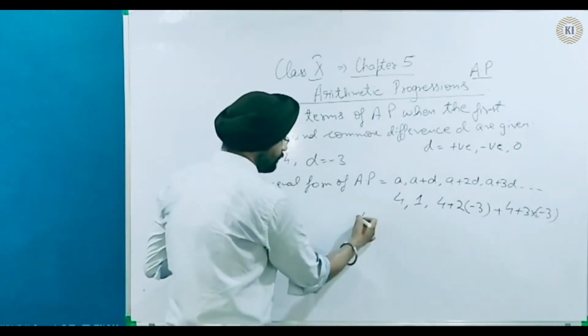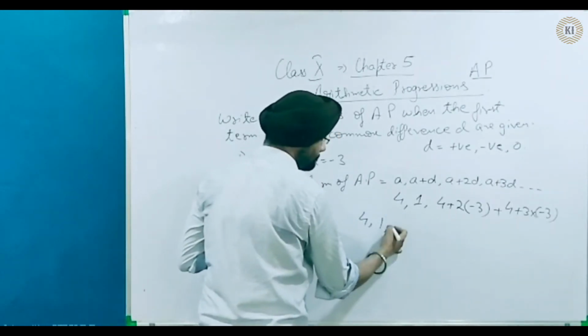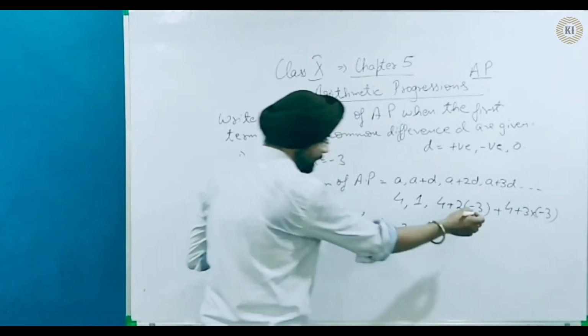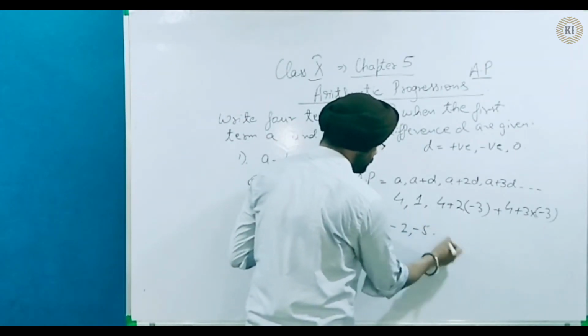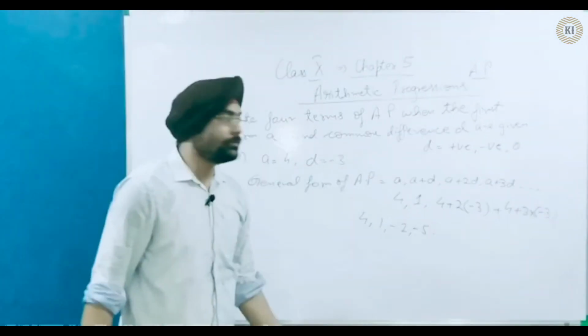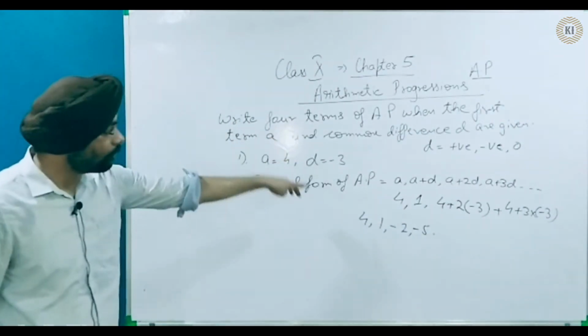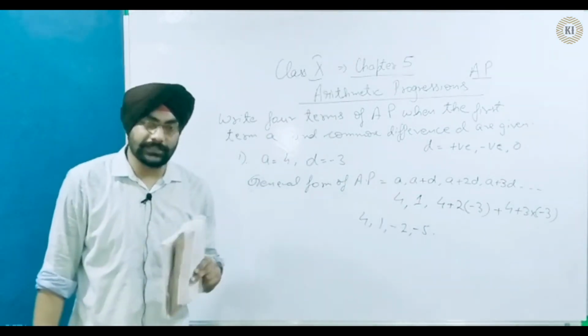So here it will come 4, 1, 2 3s are 6, 4 minus 6 will be minus 2, and 3 3s are 9, 4 minus 9 will be minus 5. And these are the series of an AP. You have to calculate only the 4 terms. You can see there are 4 terms in the series. So this type of question you will get in an examination.